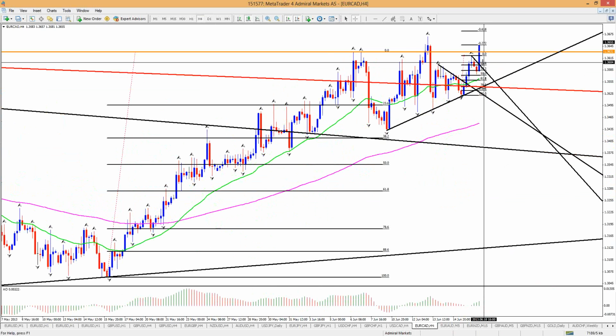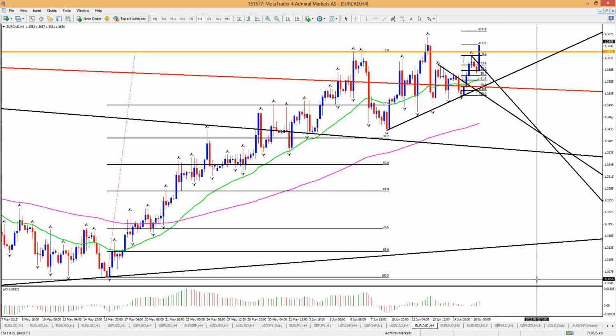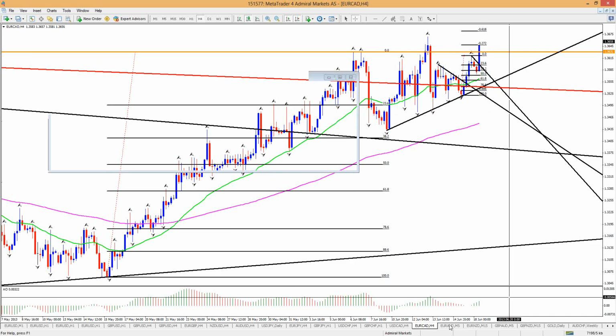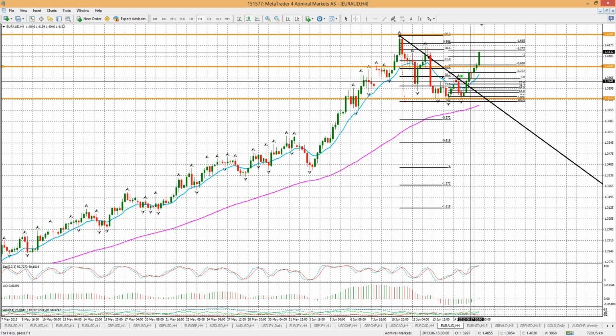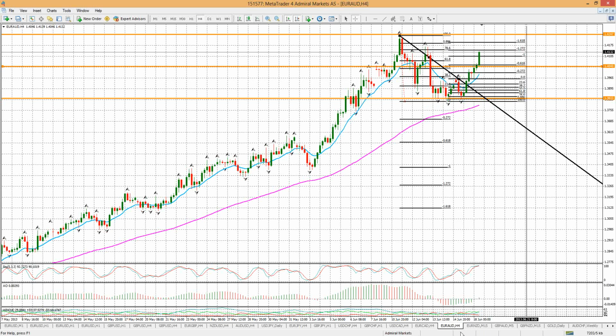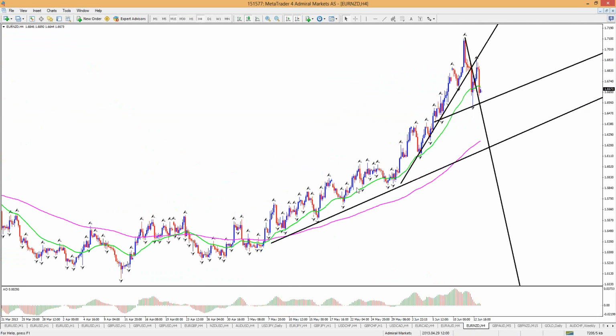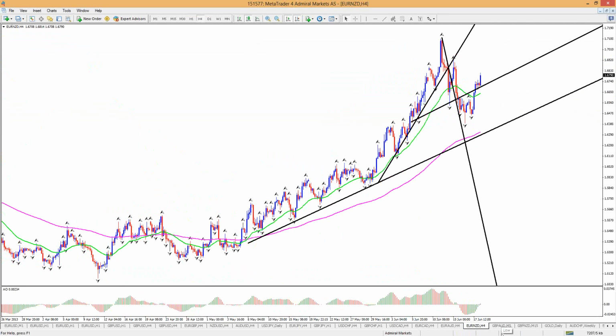EuroCAD happened as well, as I said. Remember I was explaining earlier in our session, a break of this or this would be that AO trade. That's going well as well. 4-hour chart, that's behind us as well, right? The AO. I'm not only looking at swing trades, 4-hour AO, just quickly for you.